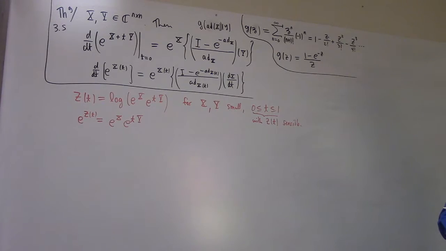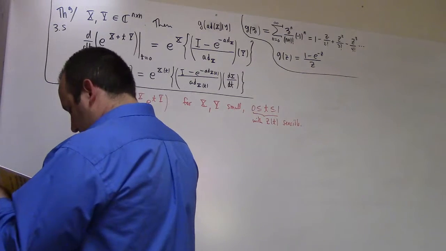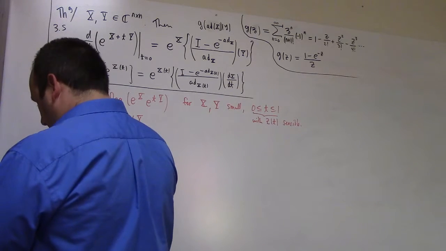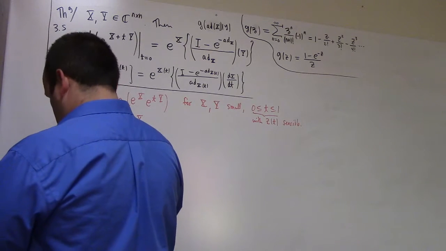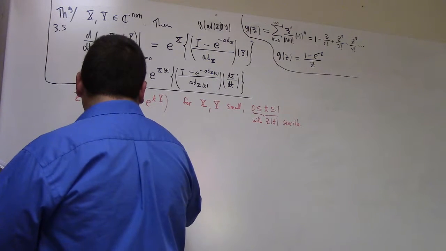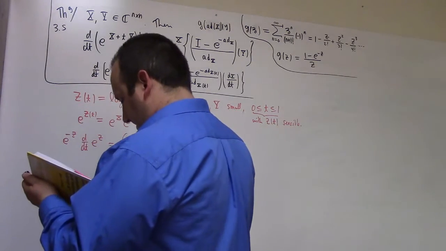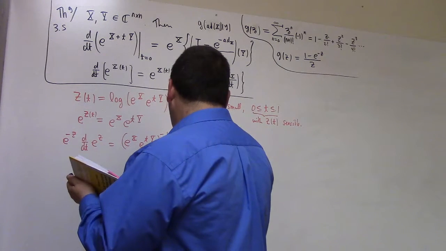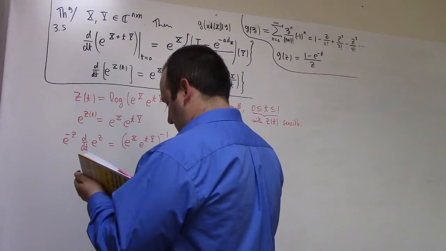And then his next move here is to say that, let's see if we can understand this, e to the minus z, I'm going to drop the of t, times d/dt of e to the z, is equal to e to the x e to the ty, inverse, times e to the x e to the ty, all acting on y.